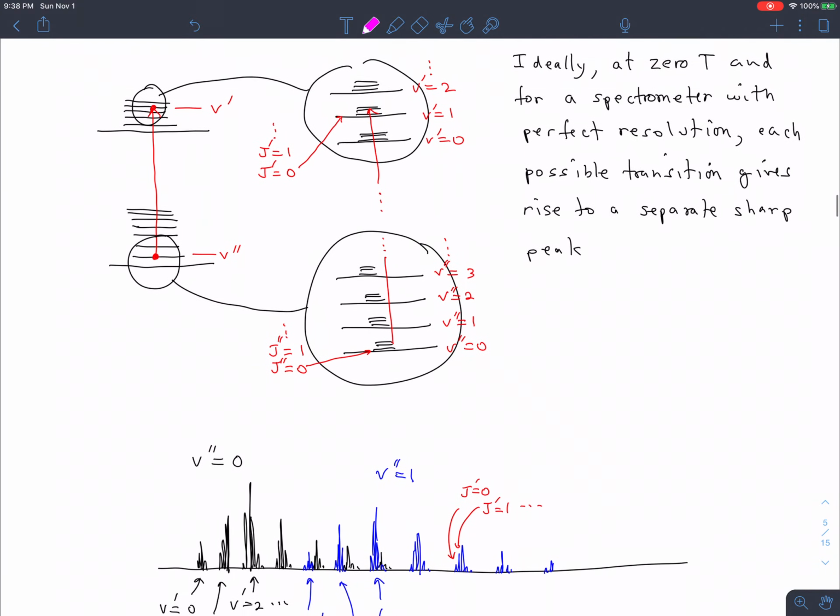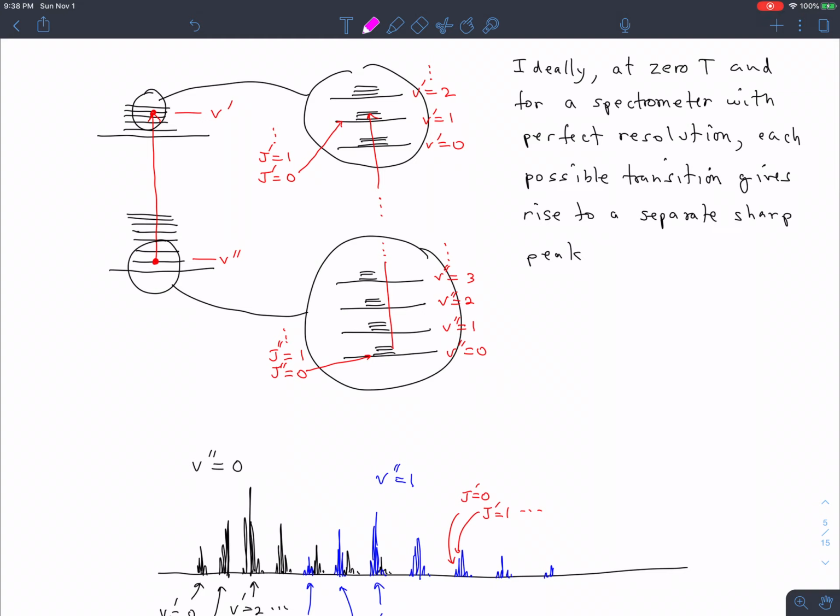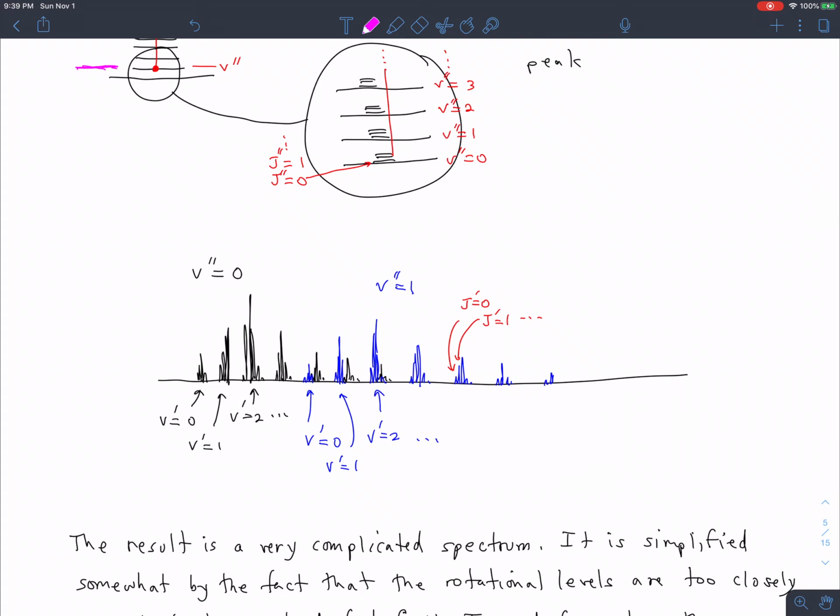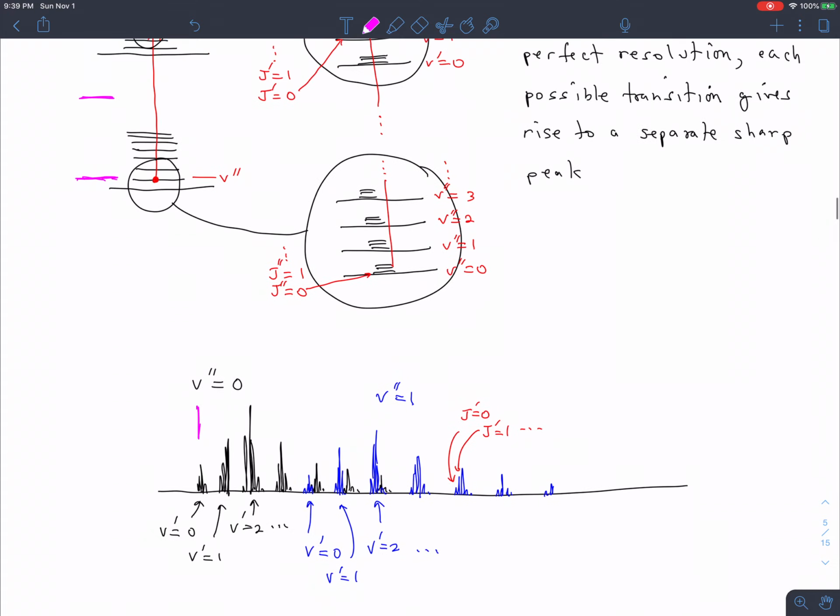All right, so what will happen then? What kind of a spectrum will we see? Well, what you see in an electromagnetic spectrum are the energy differences between the levels, right? So if I start with a certain vibrational level here and go to a different vibrational level up on the next electronic level, and then maybe also a different rotational level within each vibrational level, then that corresponds to a certain energy, a certain wavelength, a certain frequency, and that will show up as a peak on the spectrum.